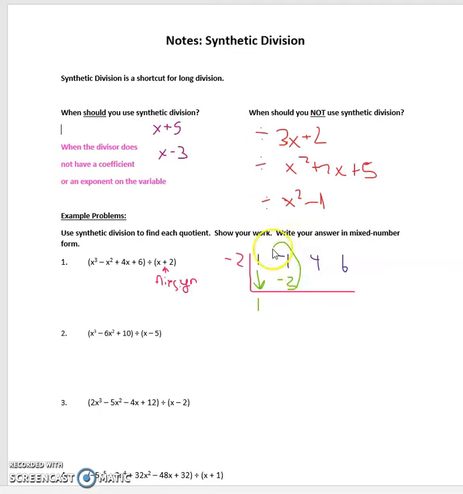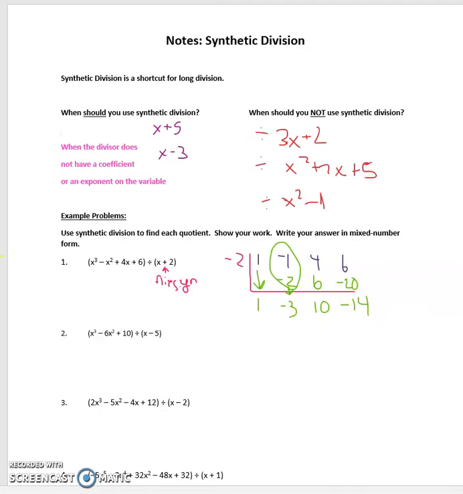So negative 1 minus 2 is negative 3. Then you multiply. Negative 2 times negative 3 is positive 6. Combine these: 4 plus 6 is 10. 10 times negative 2 is negative 20. 6 minus 20 is negative 14.